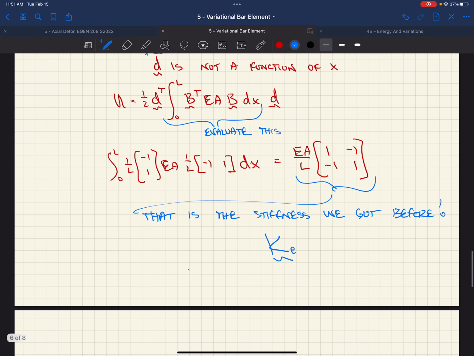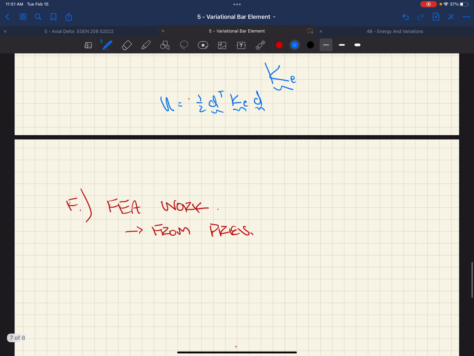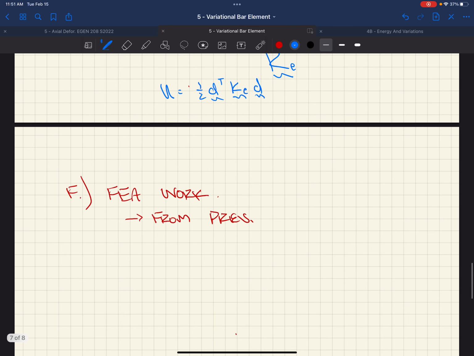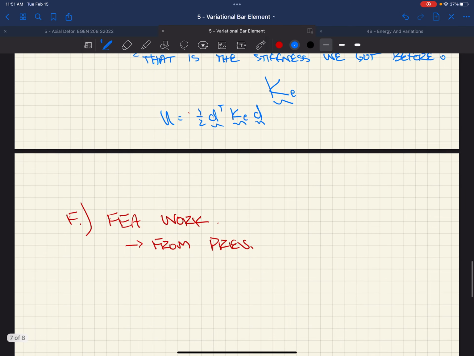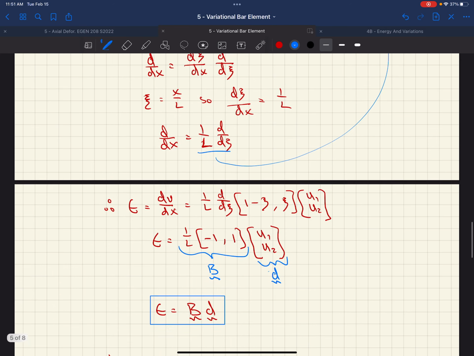So if we simplify that, we're going to end up with one equation here for the strain energy. We get 1/2 d transpose K sub E times d. So that is our finite element strain energy.